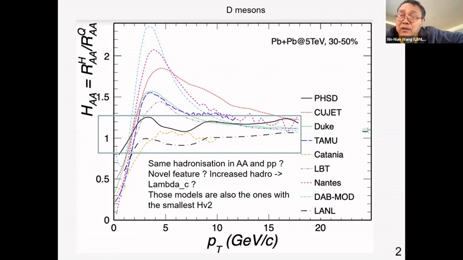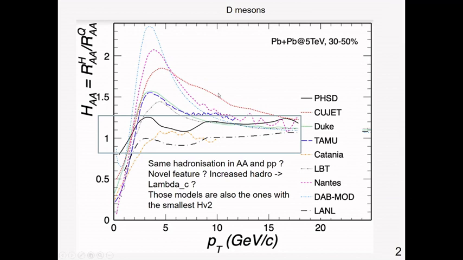Anyway, I was saying that there is separation at very low PT followed by some enhancement. So this is probably because of the recombination, the coalescence, that shifts part of the low momentum to a little bit higher momentum, from quark to hadron probably.